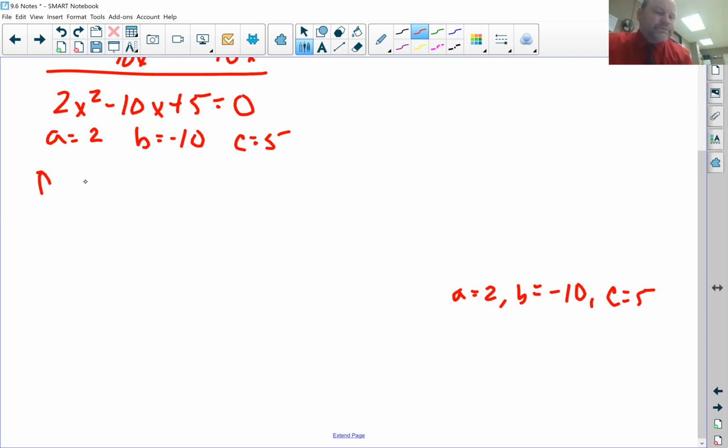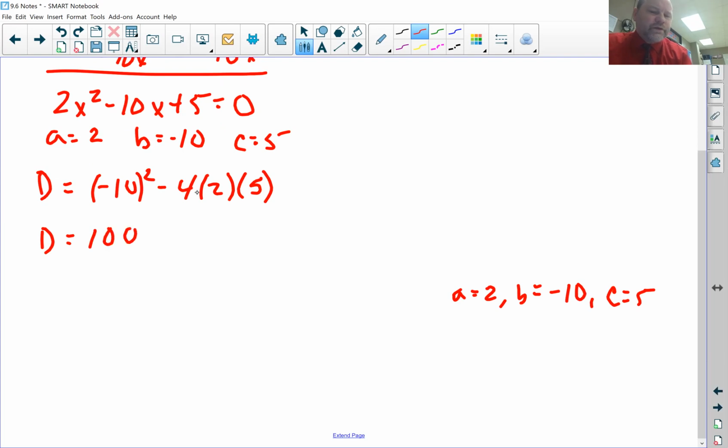Discriminant, D is B squared minus 4 times A times C. -10 squared is positive 100. This one might be easiest to do: 2 times 5 is 10, times 4 is 40. So remember, when you're just multiplying, you can multiply in any order. So the discriminant is 60.